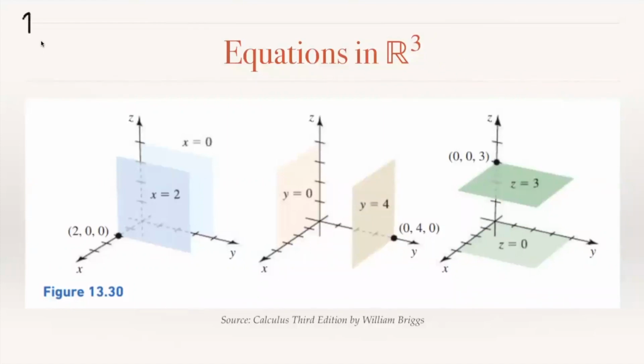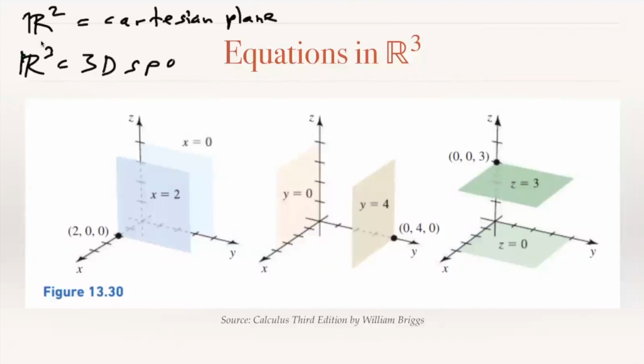So to be clear, that means that R2 is the Cartesian plane, and R3 is 3D space, like the 3D Cartesian plane, what's denoted here in these diagrams with our orthogonal x, y, and z axes.